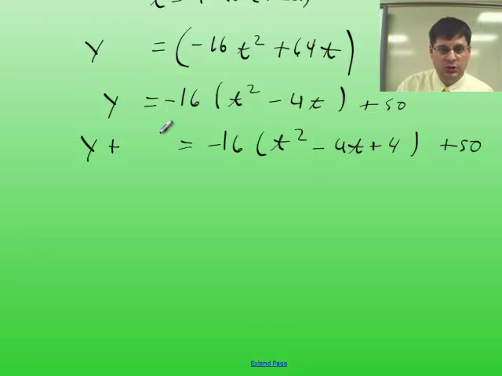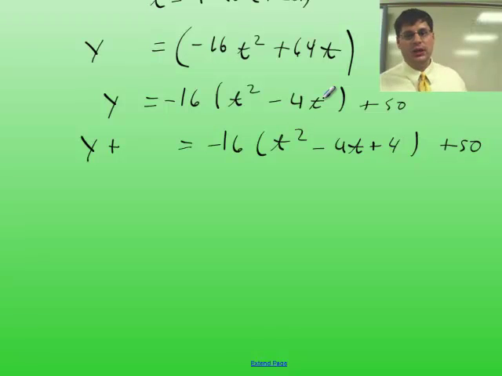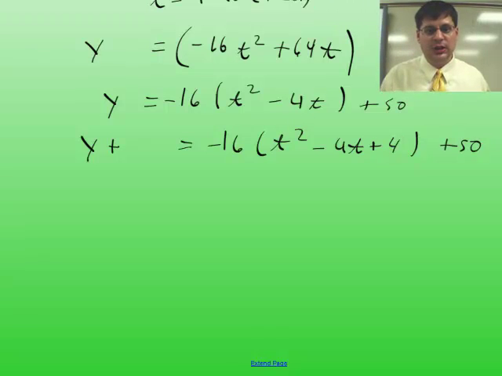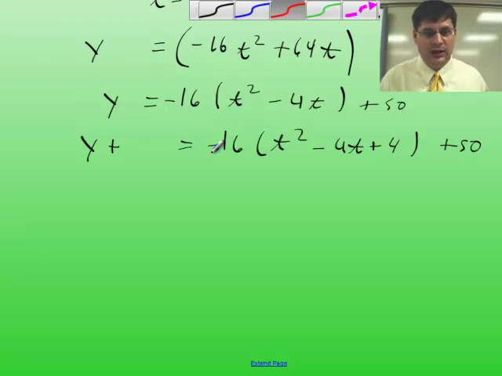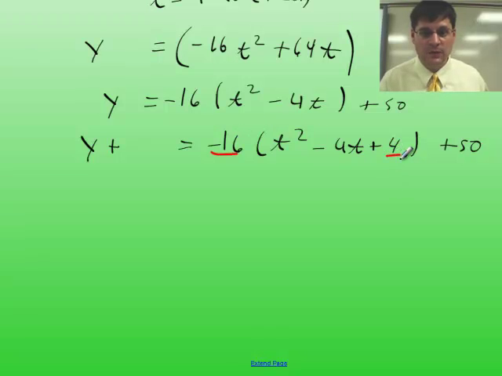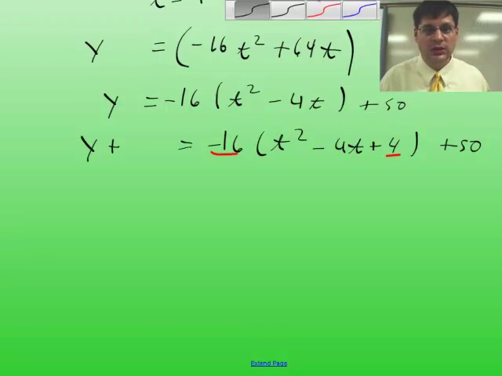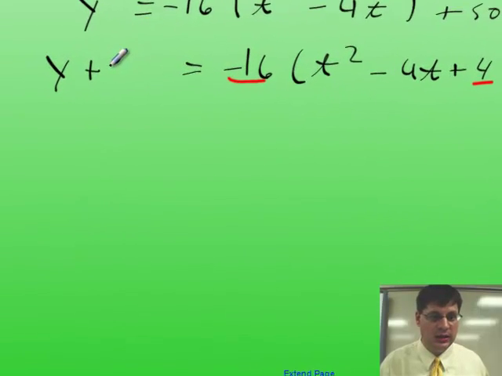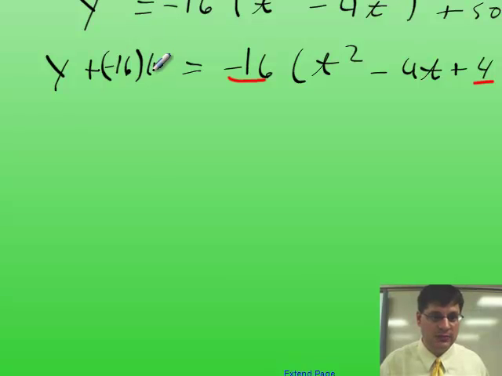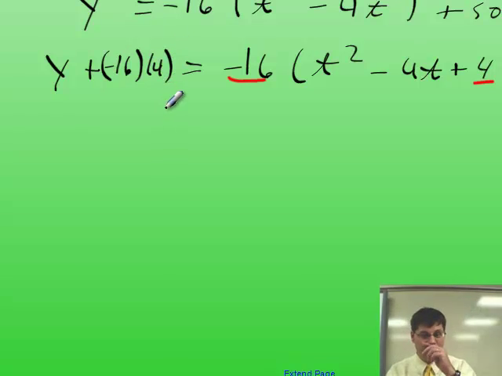And then what you do to one side, you do to the other. But you don't write just plus 4. That would be a mistake because I'm not just adding 4 here, because notice that we have a negative 16 here that would distribute with each thing in here. So it's actually negative 16 times 4, because we'd multiply those together. So to compensate, I'm going to say plus negative 16 times 4 on this side.